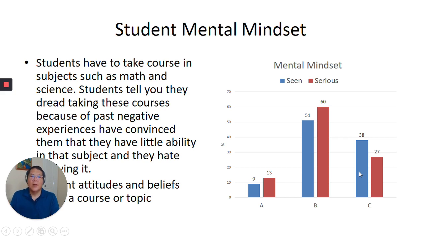So I've got almost 90%, I think, of faculty who have seen this at least on occasion, and about over 80% thinking that this is at least a minor problem or a major problem. Now, if you teach advanced courses, you may not see this, because by the time students get to advanced courses, then they are already inherently interested in your topic.